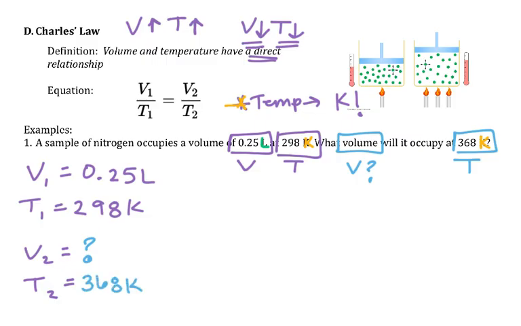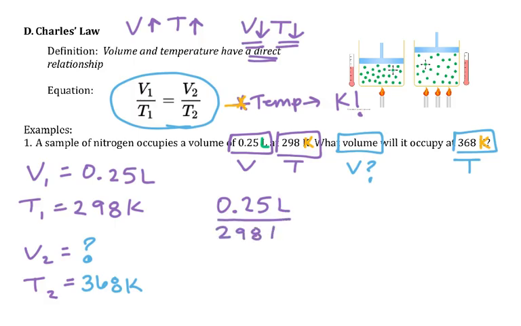And we have those values, so now we need to plug those into our equation. So 0.25 liters over 298 Kelvin is going to equal V2. That's what we're looking for.